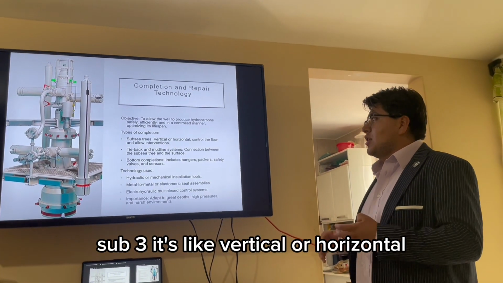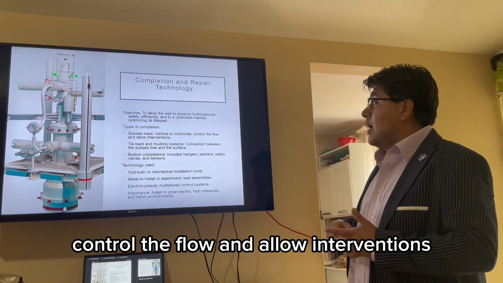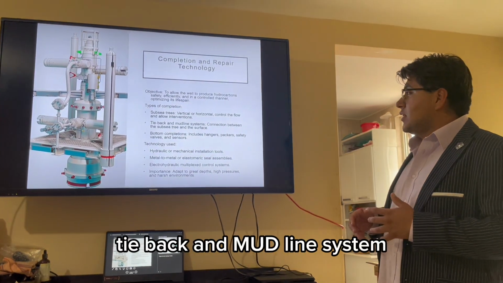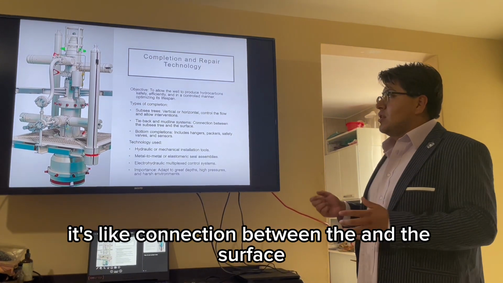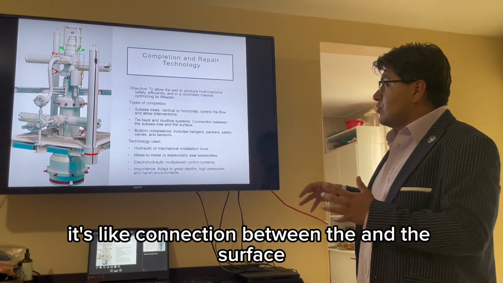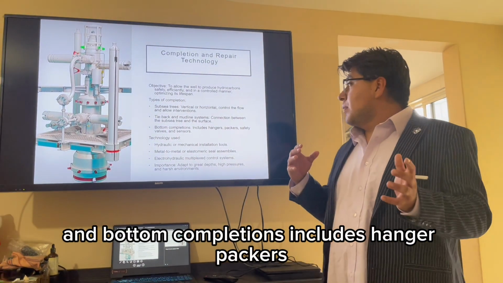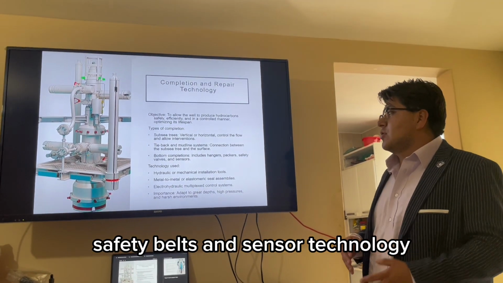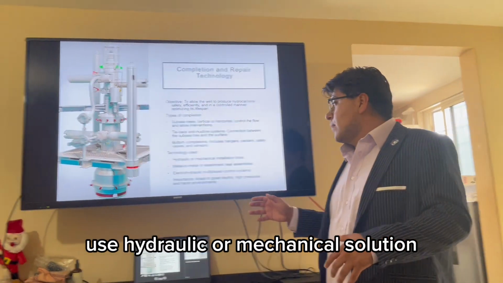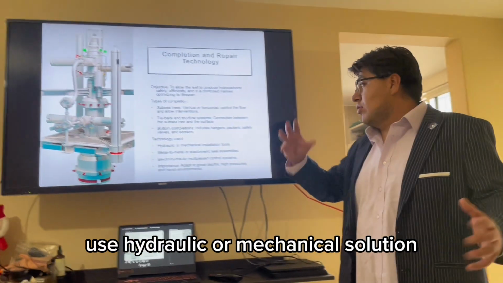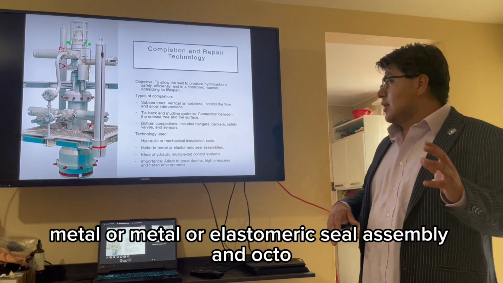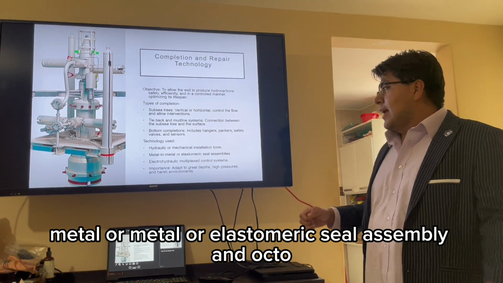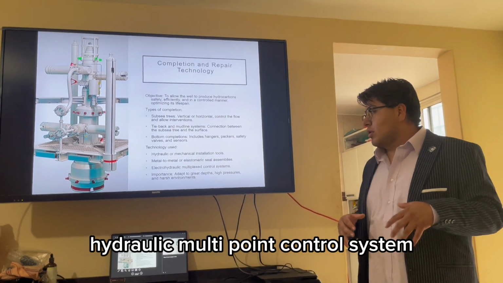Subsea tree is vertical or horizontal, controls the flow and allows interventions. Tieback and multi-line system is the connection between the subsea tree and the surface. And bottom completion includes hanger, packers, safety valves, and sensors. Technology used: hydraulic or mechanical solutions, metal or elastomeric seal assembly, electro-hydraulic multiplexed control system.